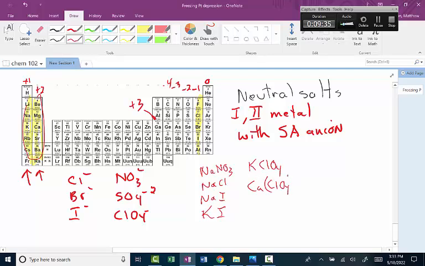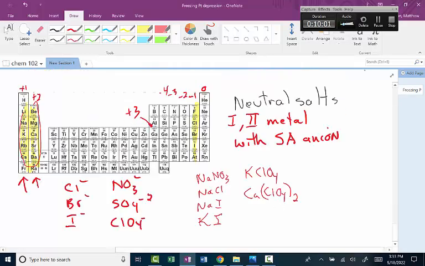Now this is tricky because calcium is +2. I know it because it's in a +2 column on our periodic table, and perchlorate is -1, so I need 2 of them. And those are the neutral salts. So we've done weak acids, strong acids, neutral salts, strong bases.